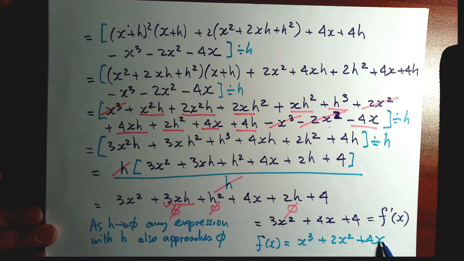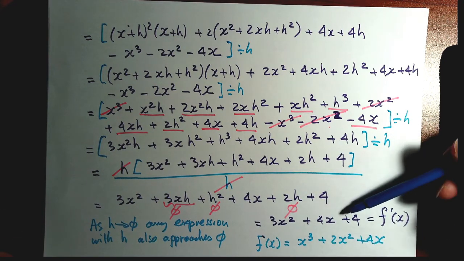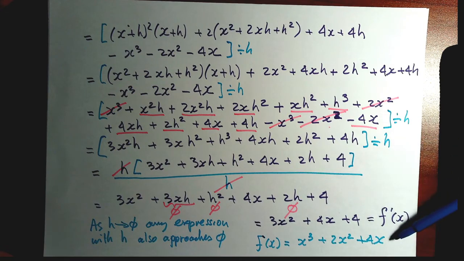And this same thing, the x to the power 1, you multiply 1 by 4 and you subtract, it becomes x to the power 0, so this whole expression becomes 4. So in fact, the derivative would be 3x squared plus 4x plus 4, which matches the derivative if we were to use normal differentiation techniques.